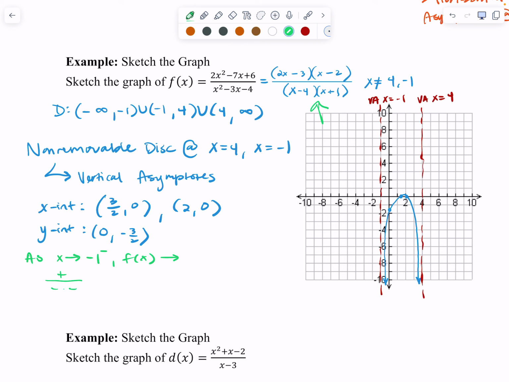Because you pointed out that the y-intercept is at 0, negative 3/2. That means that the graph is going to have to be trending downwards, right? Because think about it. If we have passing through the y-intercept, it has to pass straight through 3/2, 0, and then come down through 2, 0, and then not pass through the x-axis again, it just has to trend downwards. Again, if you didn't recognize that, there's nothing wrong with thinking about doing test values.